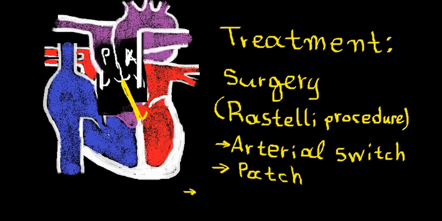It's, let's say, a tube which originates from here, and this part of the pulmonary artery is removed, and there is a tube which connects the rest of the pulmonary artery down to the right ventricle, like this.